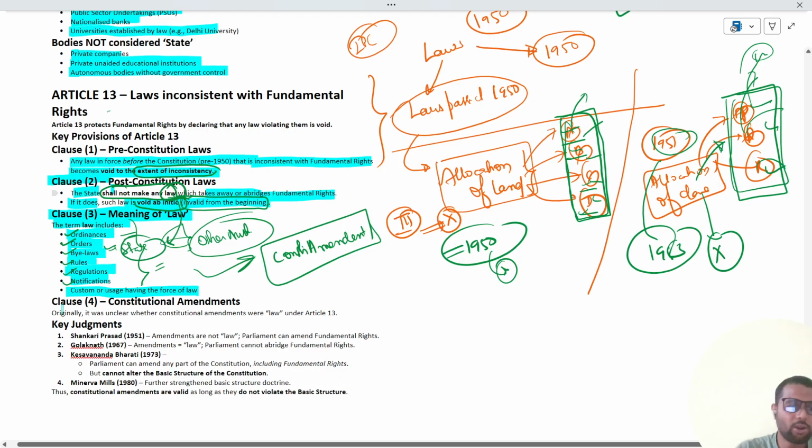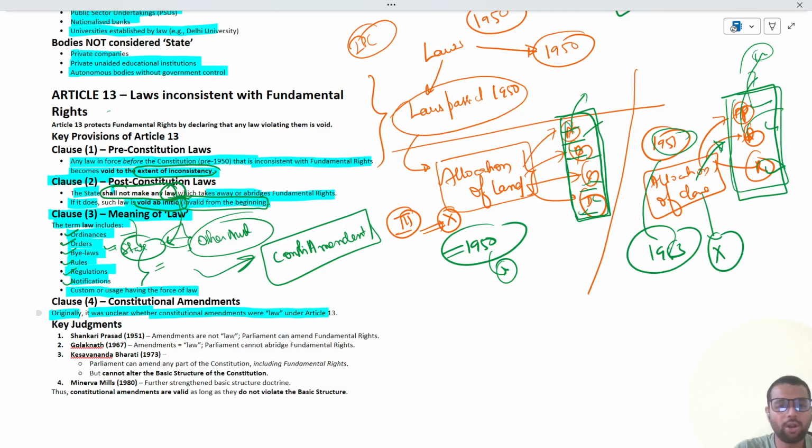So originally, it was unclear whether the constitutional amendments were law under Article 13 or not. The judgment in Shankari Prasad, 1951, said that the amendments are not law. If the amendments are not law, that clearly gives the power to the parliament to change the fundamental rights by making an amendment to the constitution.